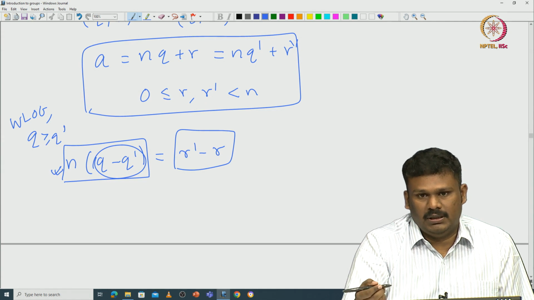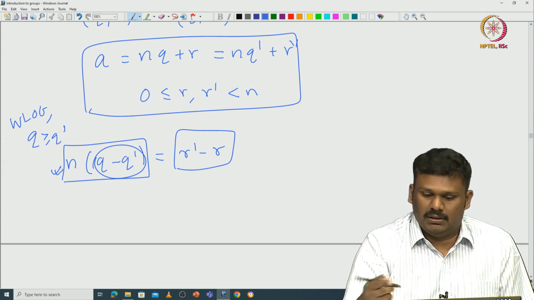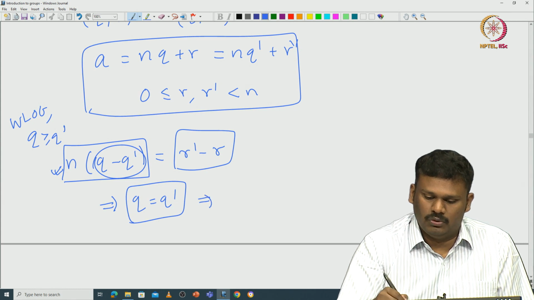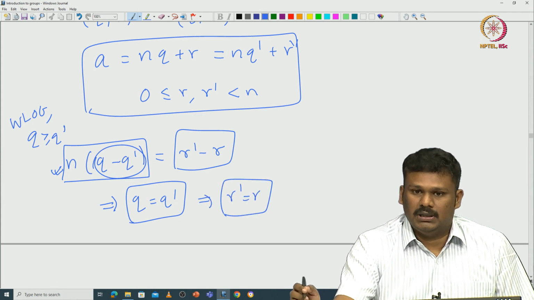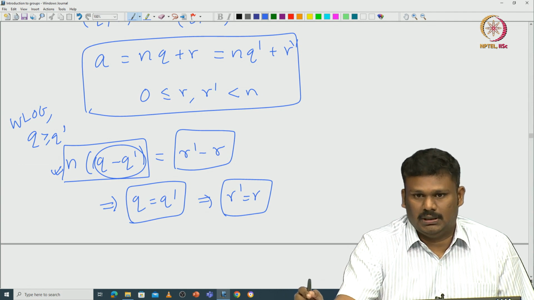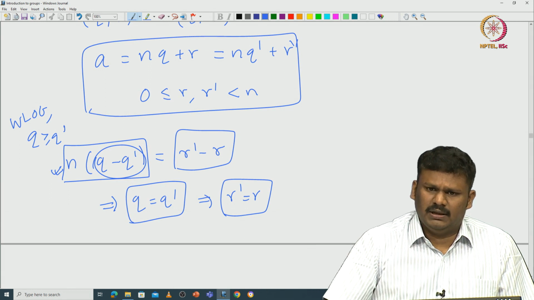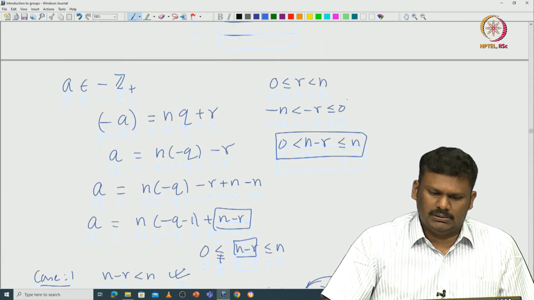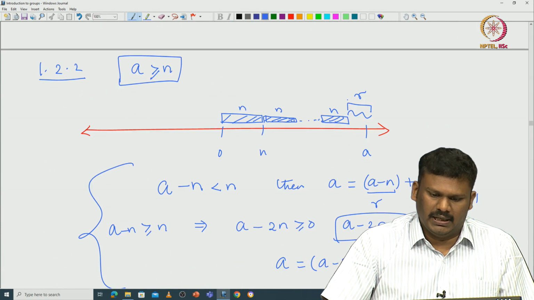So, the difference will definitely be strictly less than n, so that cannot be a multiple of n. That forces q equal to q dash, and q equal to q dash will force r dash equal to r. So, this proves the uniqueness of the quotient and remainder. Maybe I will take another 2-3 minutes and then complete the proof that I have actually guaranteed.